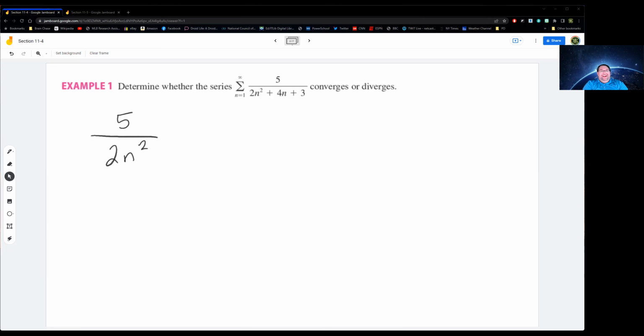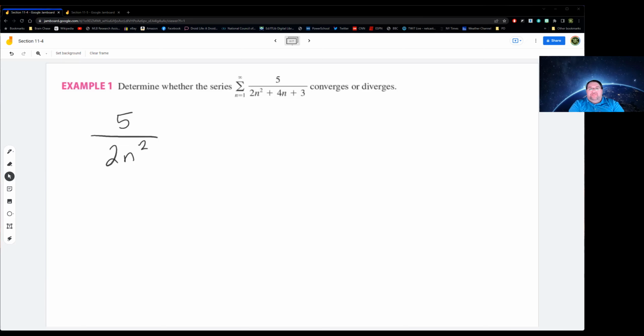Okay. So there's a couple things we've got to look at now. The first thing is, is this function less than or bigger than the other function? So in this case, we've got 5 over 2n squared plus 4n plus 3. That's always going to be less than the 5 over 2n squared, because these things are added to it.